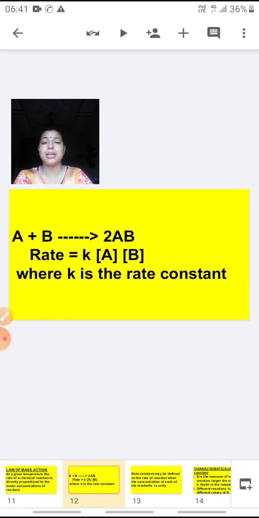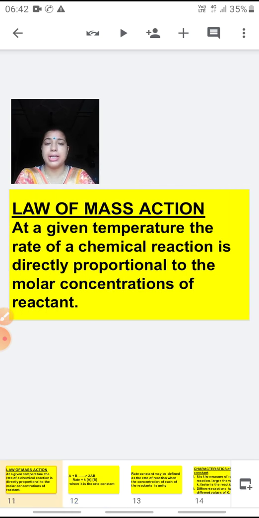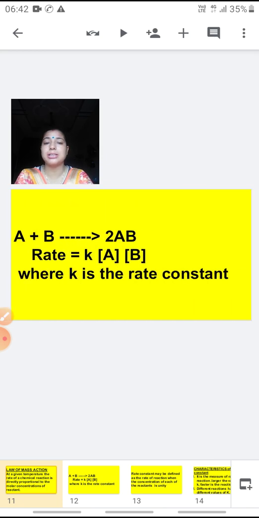Suppose we have a chemical reaction in which reactant A reacts with reactant B and results in the formation of product AB, 2 moles of AB being formed. For such a reaction, according to the law of mass action, the rate of chemical reaction is directly proportional to the molar concentration.